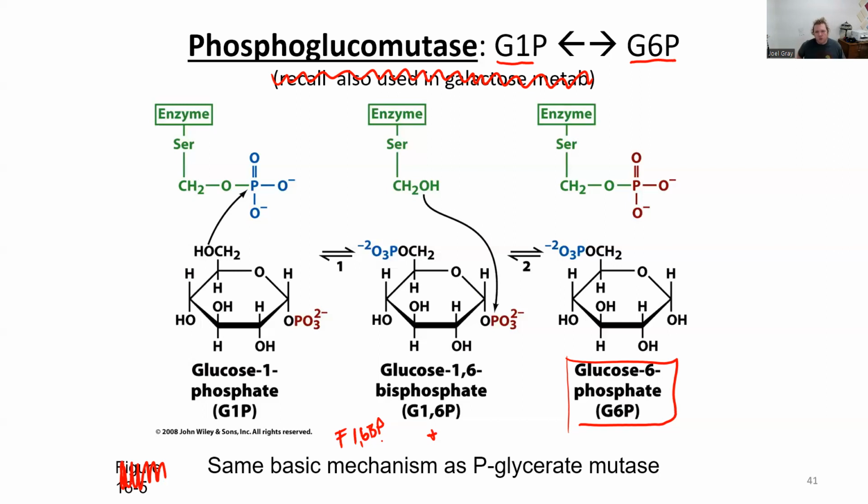But is glucose 1,6-bisphosphate a good substrate for aldolase to break into glyceraldehyde 3-phosphate and DHAP? No, it's not. So unfortunately, we can't intercept that glucose 1,6-bisphosphate and plug it into glycolysis. But phosphoglucomutase is what takes our glucose 1-phosphate to make glucose 6-phosphate.